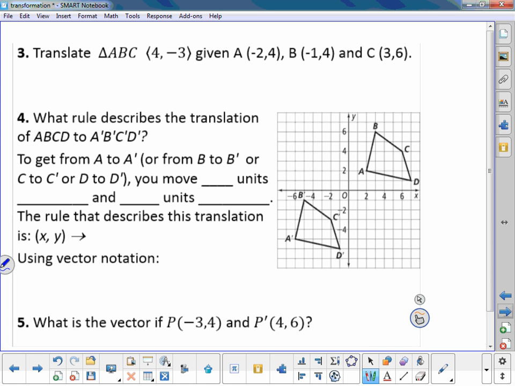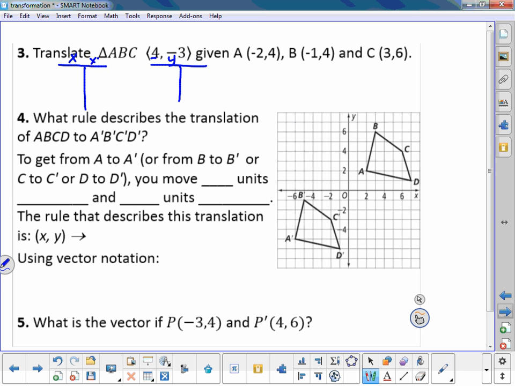All right, now translate ABC by 4, negative 3. Now, if you notice, I do not have a picture this time, but I can do it in a table. I'm going to take my x's. This is my x value. This is going to be my y value. Okay? If you notice, it says x plus 4.